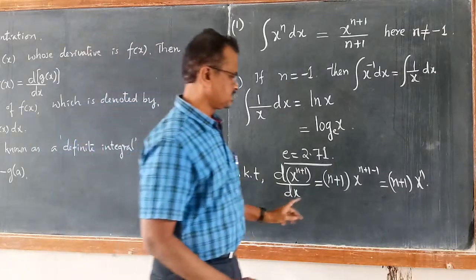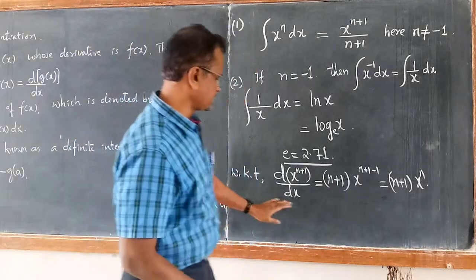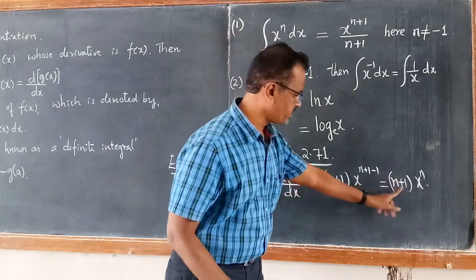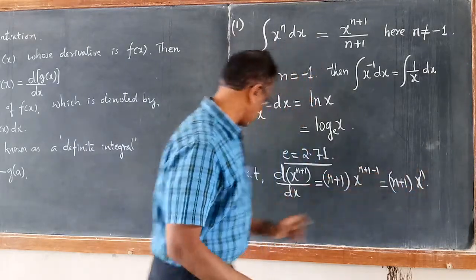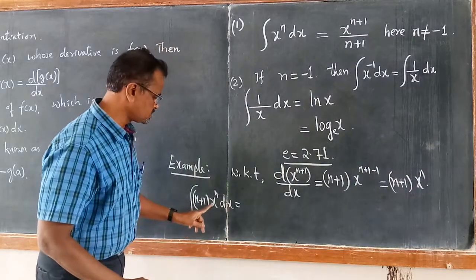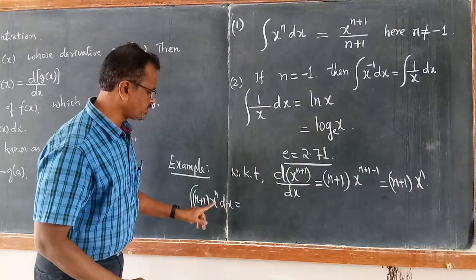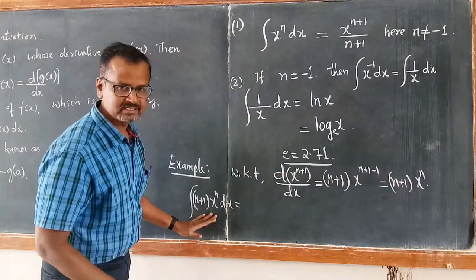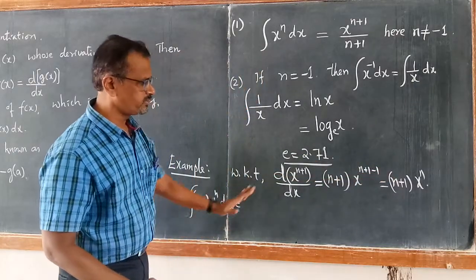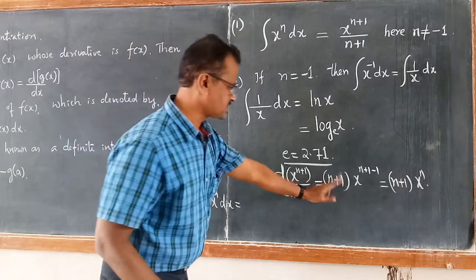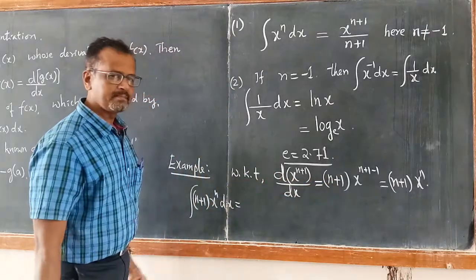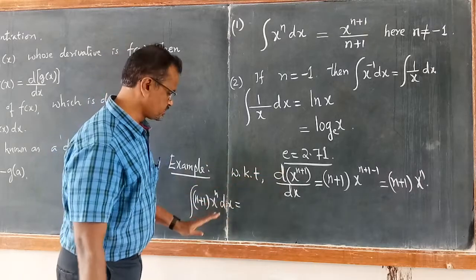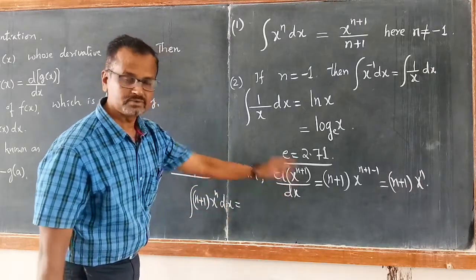If you carry this out, let us check whether we are going to get the result x raised to n plus 1 or not. Reverse: I should get the result x raised to n plus 1.